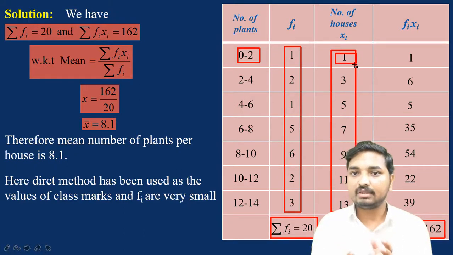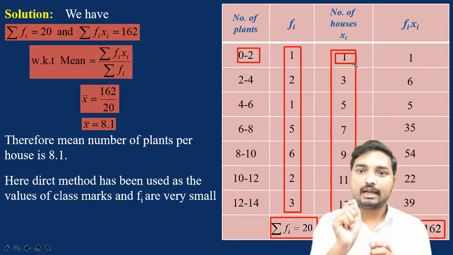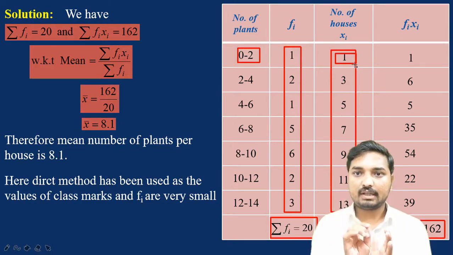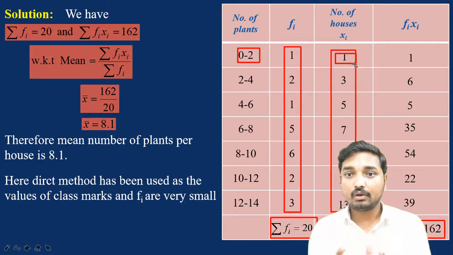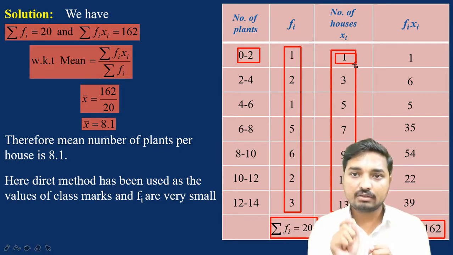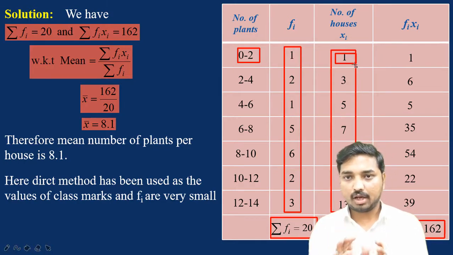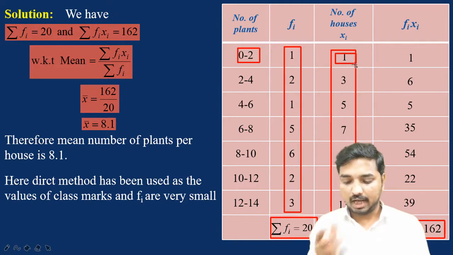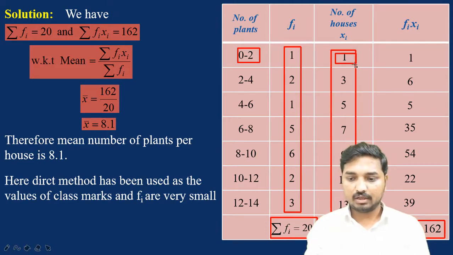So remember this: if fi and xi are smaller, then the direct method is suitable. If fi and xi contain larger numbers, meaning two-digit or three-digit numbers, then the suitable method is the assumed mean method. I have clarified the additional question, and I will move on to the next question here.